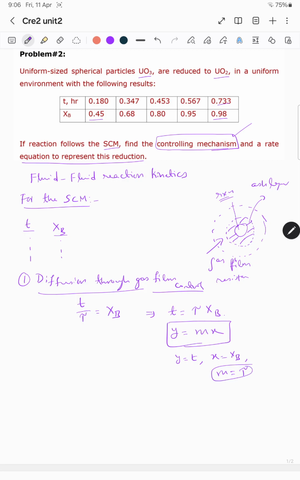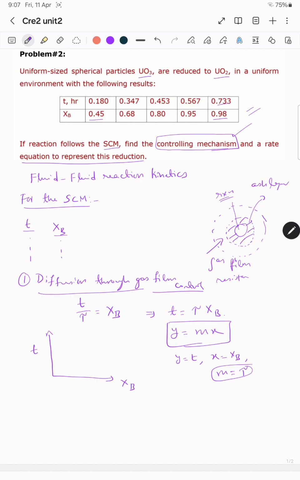Now what we need to do is, first we should plot a graph, varying t versus xb. So t should be on the y-axis and the x-axis is xb. As the data is already given in the question, you need to plot a graph.